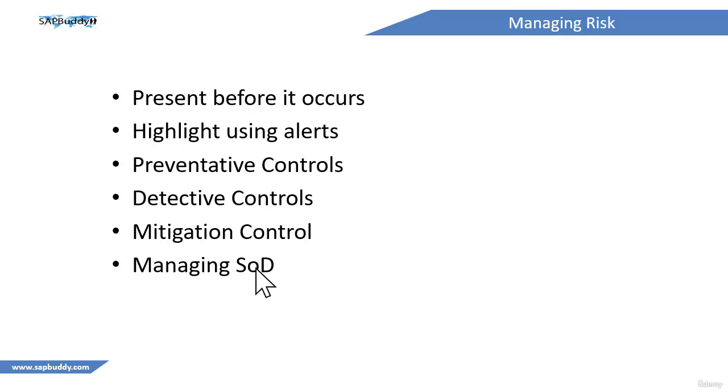In that case, we cannot appoint a second person. So you know there is a risk, an SOD violation which cannot be removed or prevented. However, we can have a mitigation control to monitor or mitigate this particular SOD risk. That is mitigation control.